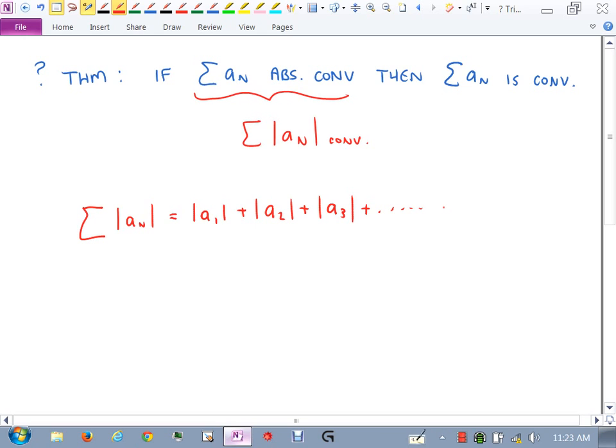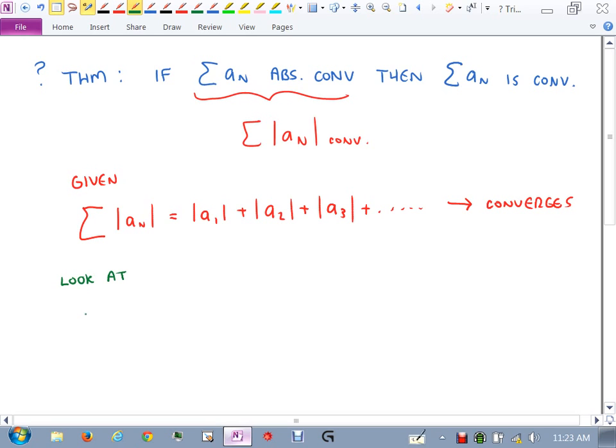And we're saying this converges. That's what we're given in the problem. In the theorem, we are assuming that this is true. We are given that when we look at the absolute value of each of the terms and add them up forever, we get a number. It converges to a finite value.